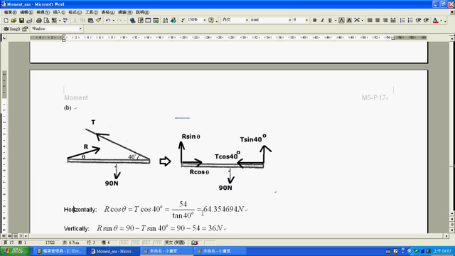And we get 64.35 something. Now vertically, the sum of the vertical forces, which is R sine theta plus T times sine 40 degrees, should be equal to the sum of the downward forces, 90. So R sine theta is 90 minus T times sine 40 degrees, and we get 36.